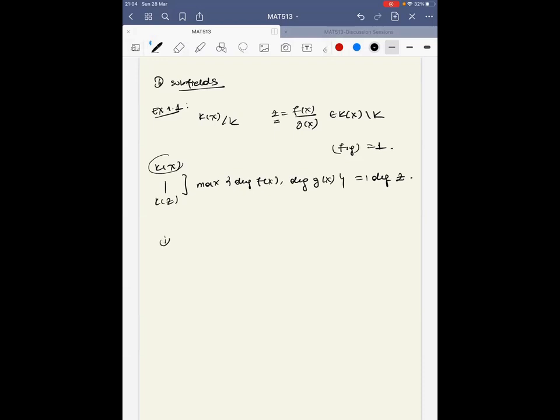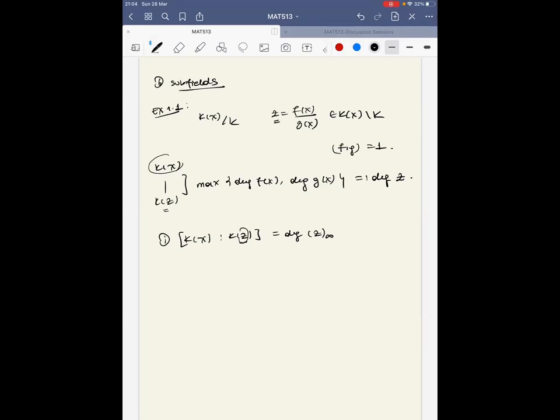So first, we know that for any algebraic function field, its extension degree is determined by the degree of the pole divisor of this transcendental of the base field.